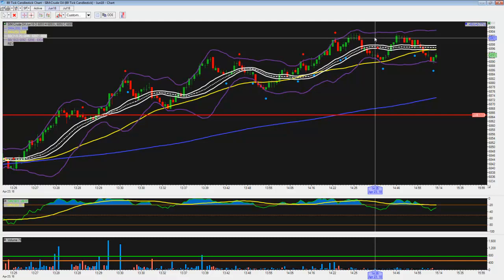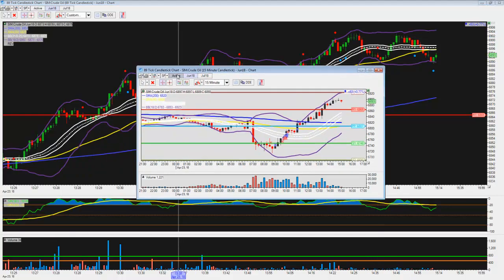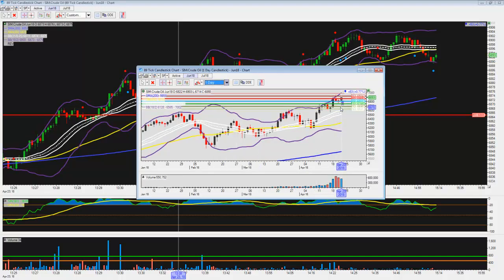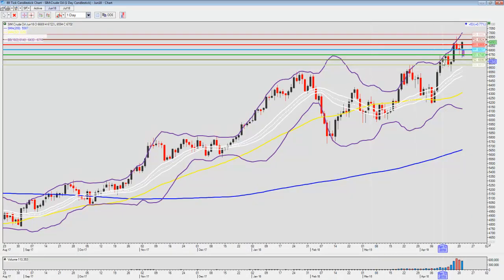So we've made up pretty much all of the loss or the downward movement today, and it ends up only being a 2-day down day, and then basically almost an outside day. Well, it actually is an outside day from the previous day.